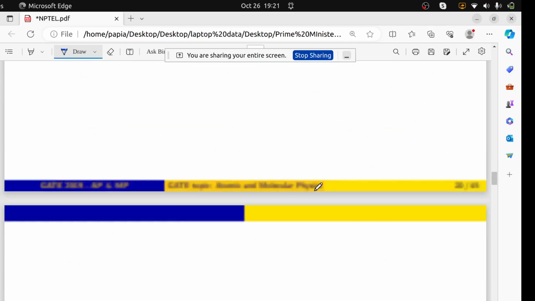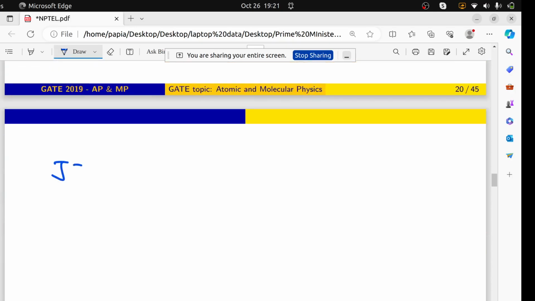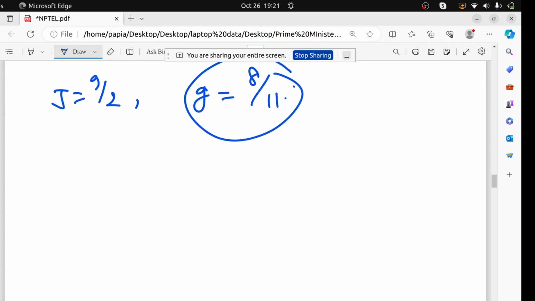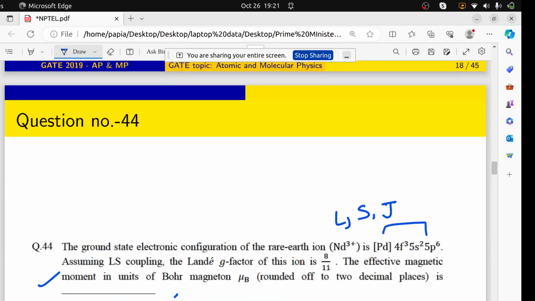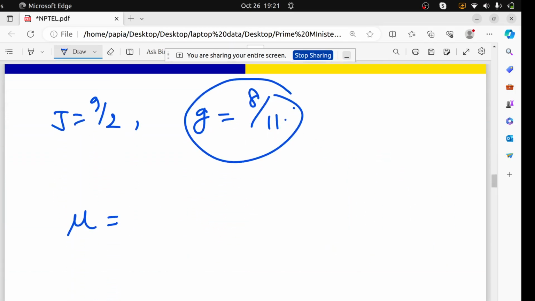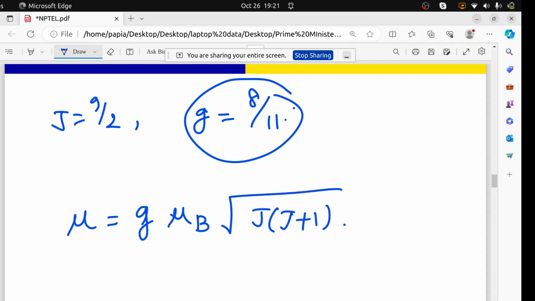Now, if I got the value of J here, which is 9 by 2, and I also got the value of G here, which is 8 by 11, I can quickly write the effective magnetic moment. Effective magnetic moment will be G into mu B into root over J into J plus 1.